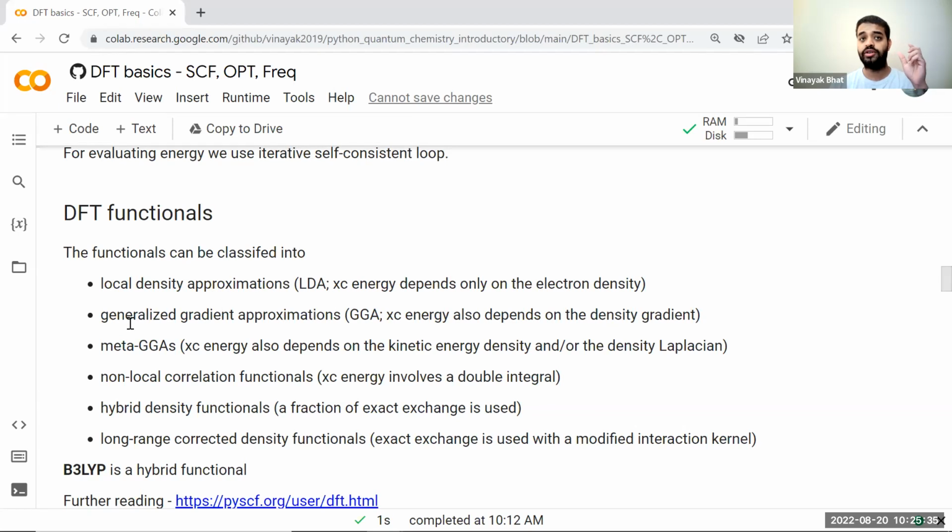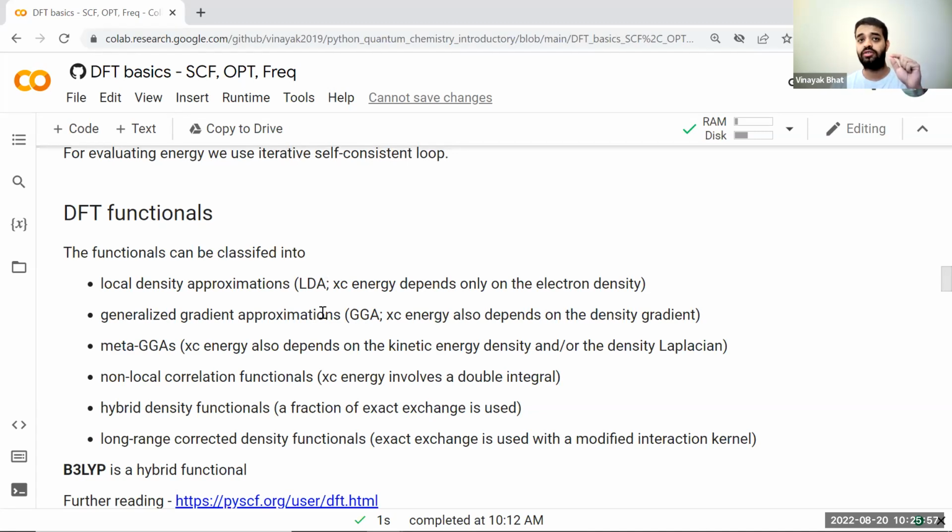In generalized gradient approximations, instead of just considering the electron density at a point at XYZ, you're also considering the gradient or derivative of the electron density, and that becomes a GGA functional. And PBE, if you have heard of it, is a GGA functional.